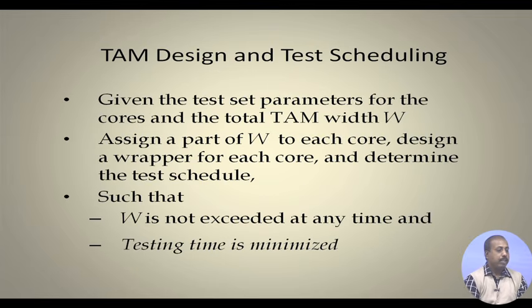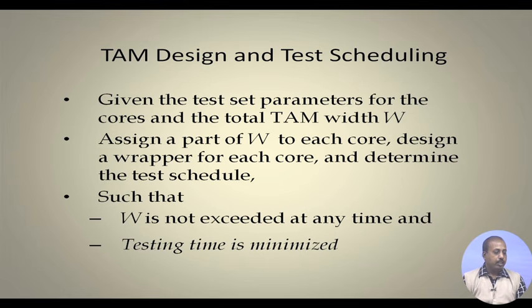So, the term design and test scheduling problem is given like this. Given the test set parameters for the cores and the total term width w. For every core we know the test time; if you put different wrappers, then we know the corresponding test times. So, it is not a single test time. The test set parameters mean that for each core we know the test time if different term widths are assigned to it, with different wrapper designs.